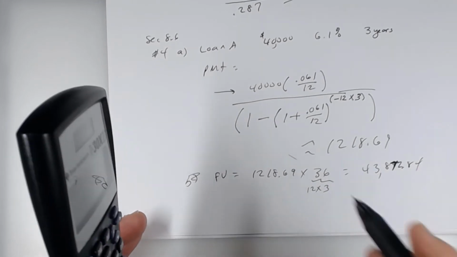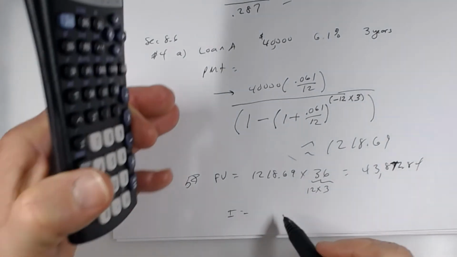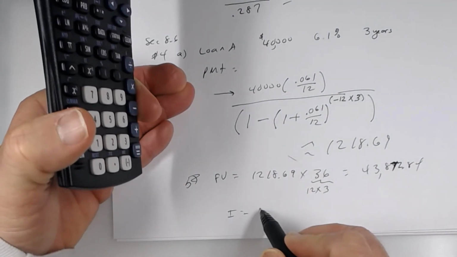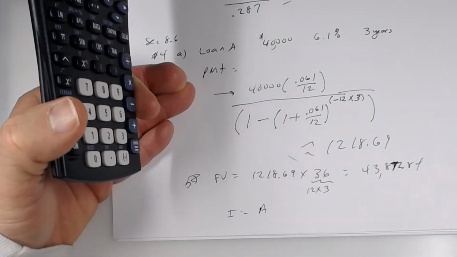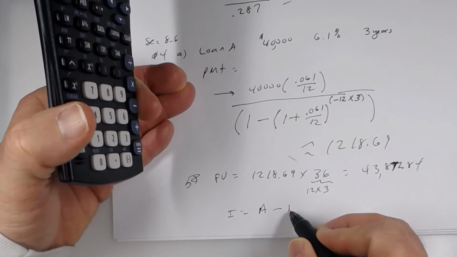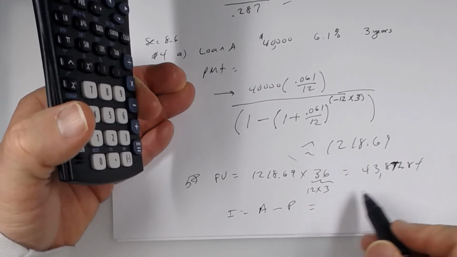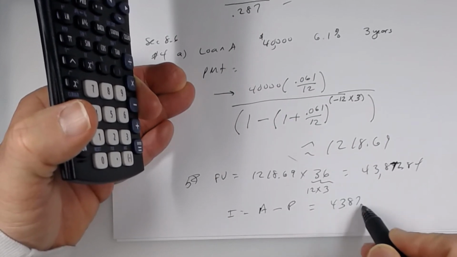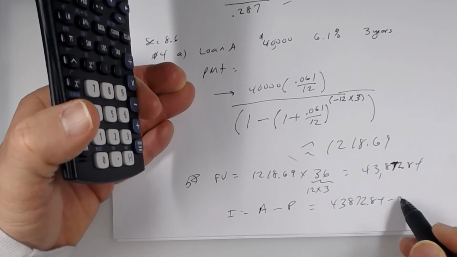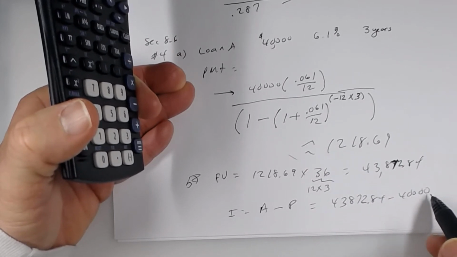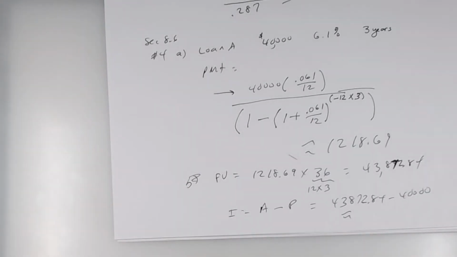You subtract. So the interest would be your future value, which we'll call A. I said FV, but remember it's really the same thing as A, minus P. What's A in this case? 43,872.84 minus 40,000. So what's your interest about?